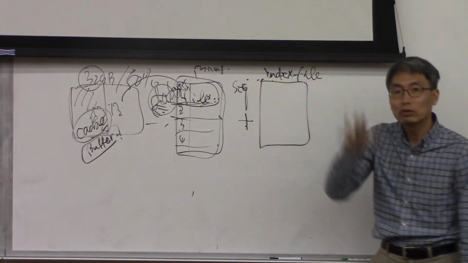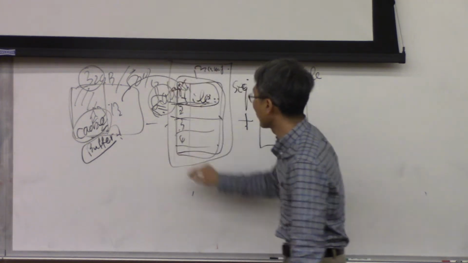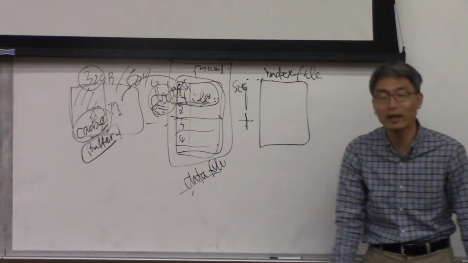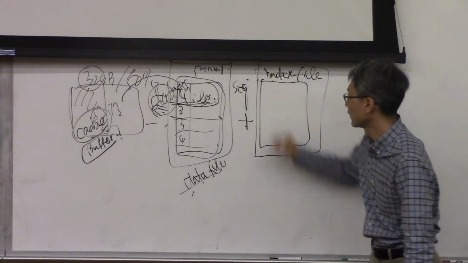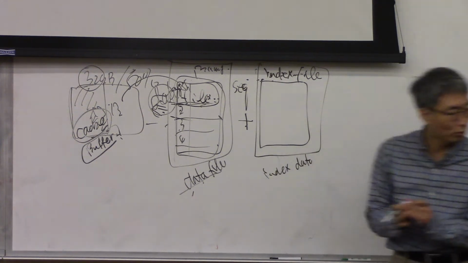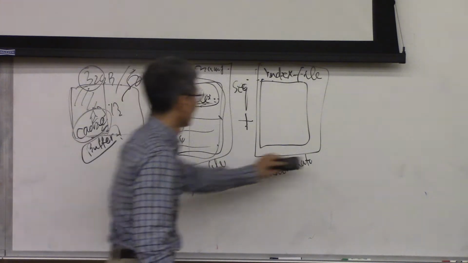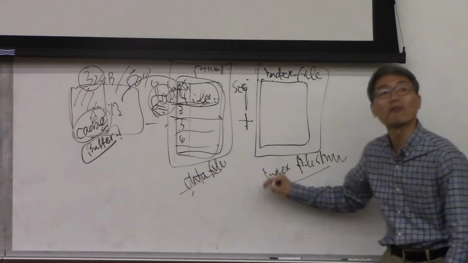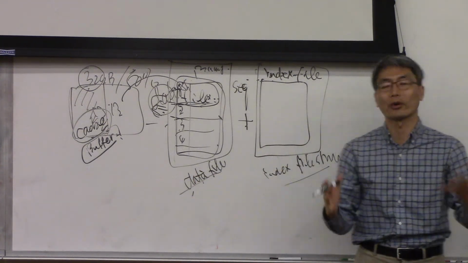So today and in the next class, we will first talk about how the data file is organized, the data file data structure, plus the index data. To avoid any confusion, the index is also a file structure. So we will talk about how the data file is organized and how the index file is organized.